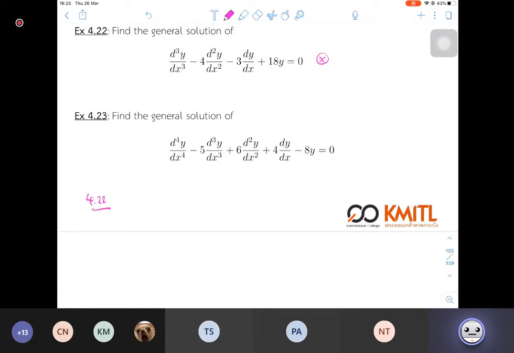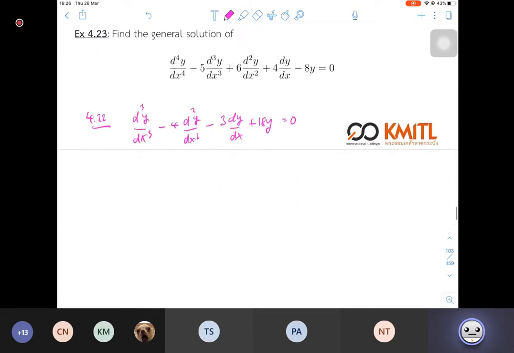So you have d cubed y dx cubed minus 4 d squared y dx squared minus 3 dy dx plus 18y equal to 0.